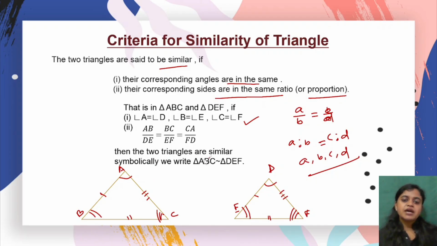Then the two triangles are similar, and symbolically we can write triangle ABC is similar to triangle DEF, using the symbol of similarity.